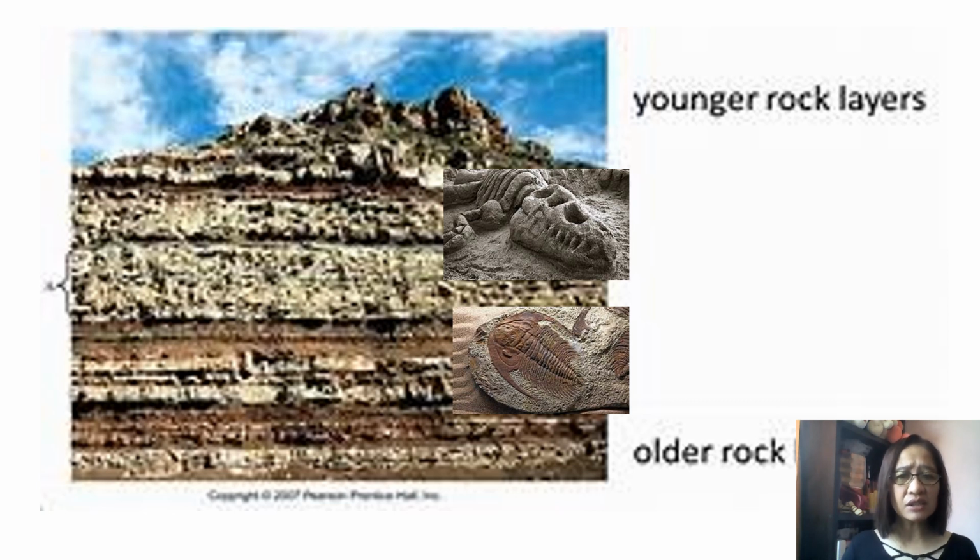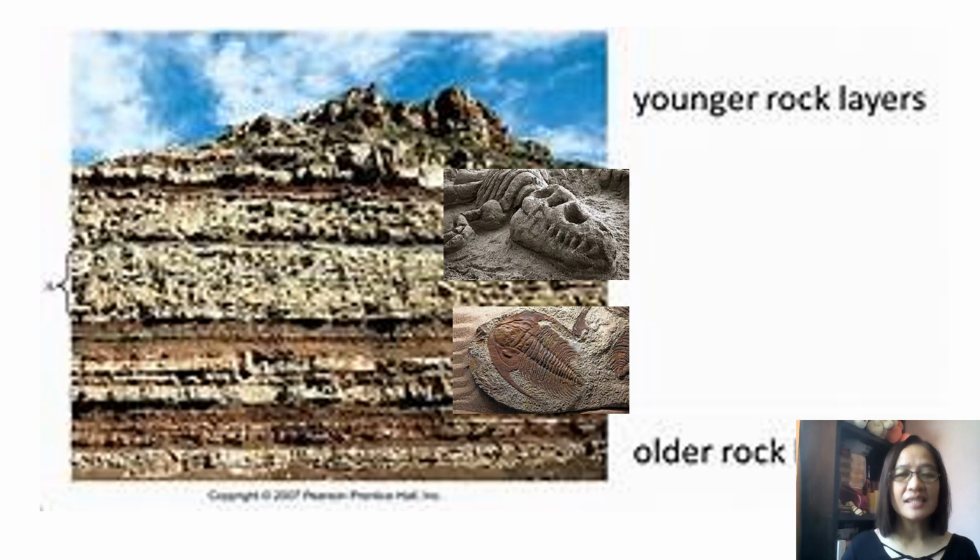So, ang tanong dito, sino kaya sa dalawang fossil ang mas matanda? Yung kayang trilobite fossil na nakita sa older rock layer o yung dinosaur bone na nakita o nahukay doon sa younger rock layers? Yes, tama ang sagot mo.